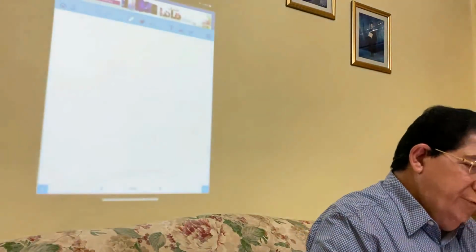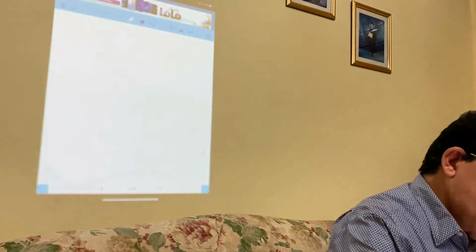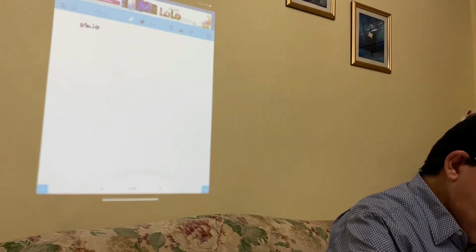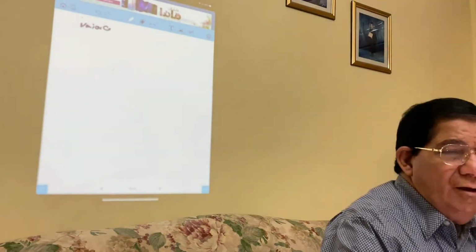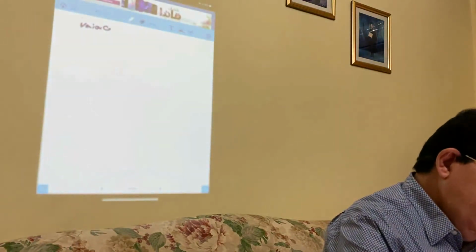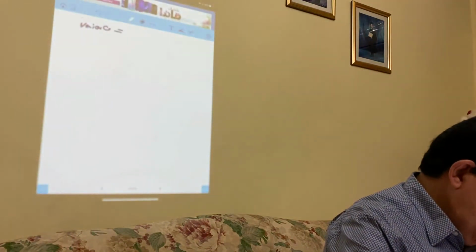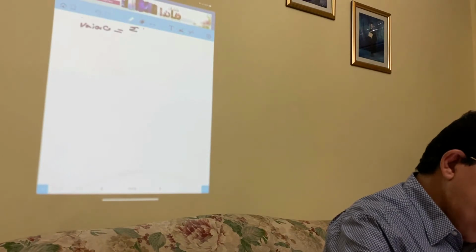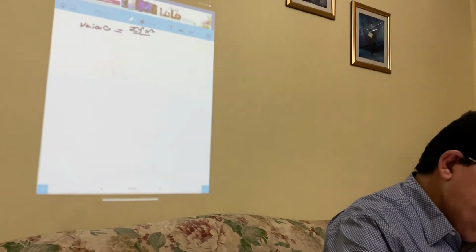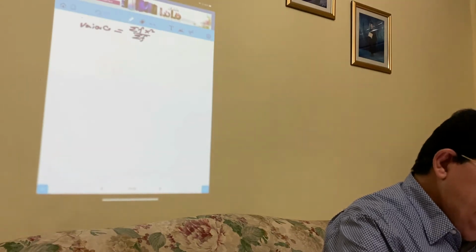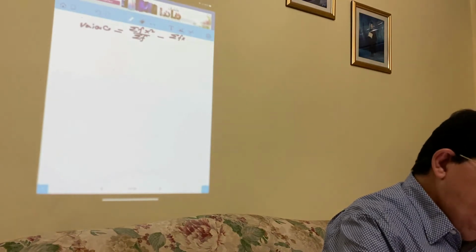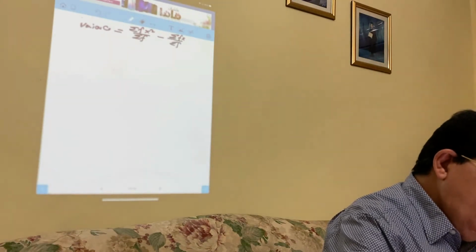We had the rule for variance before, for what we call a frequency distribution table: the variance equals sigma f x squared over sigma f, minus sigma fx over sigma f all squared.